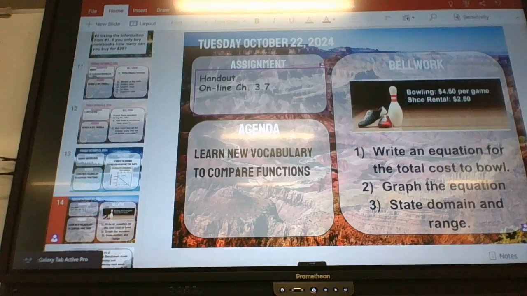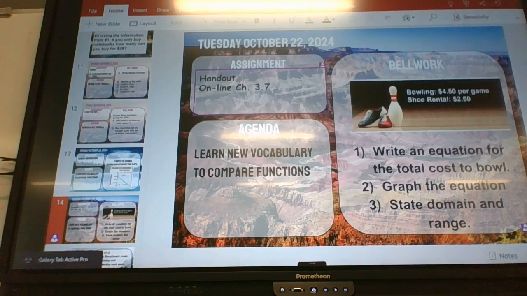So for the domain here, which again means x values, you can play 0 games, 1 game, 2 games, 3 games, and so on. Now, technically, do you think you're going to play 1 million bowling games? That's really just a little question, isn't it?